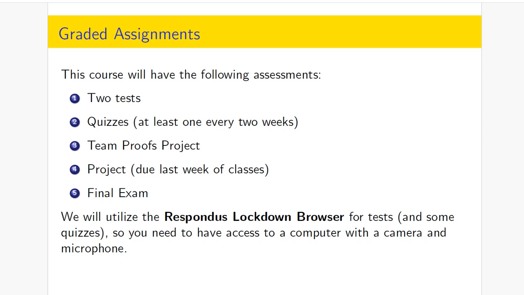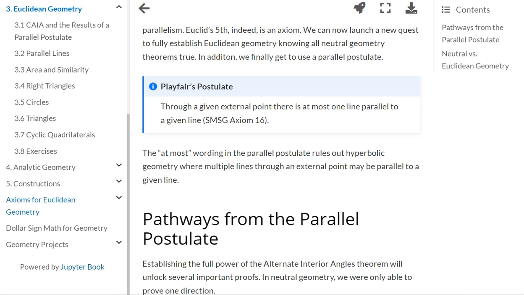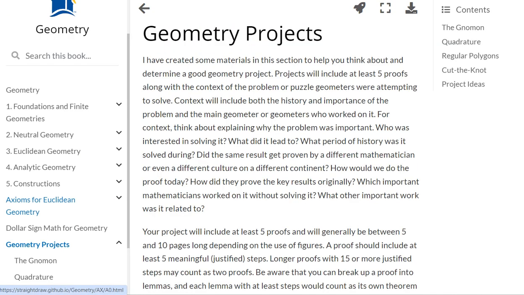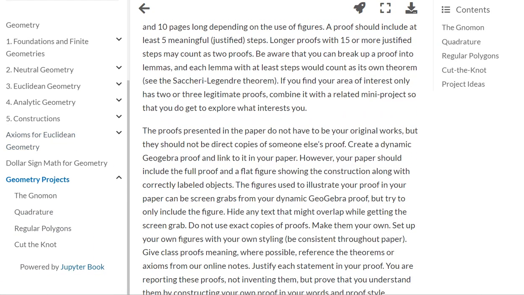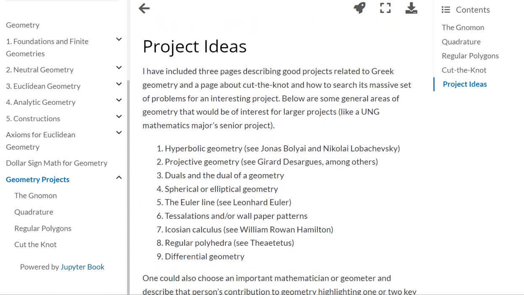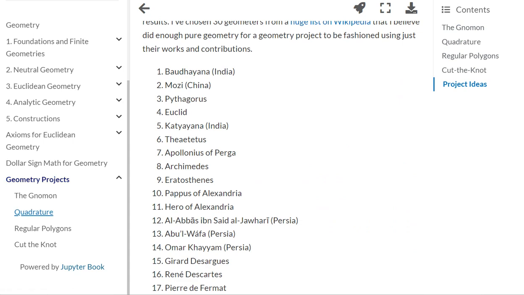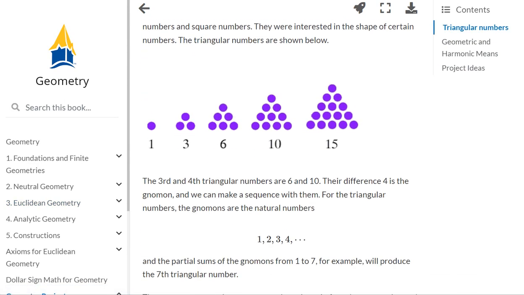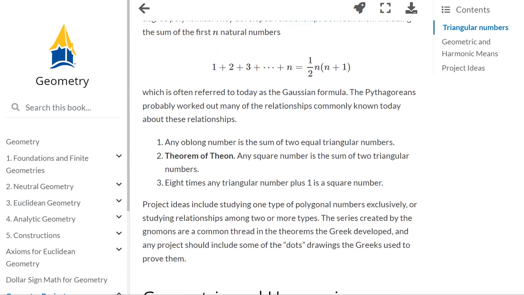We do have a project, and I showed you in our course, there are extensive help files or pages and lots of project ideas. So we'll talk more about that when it comes.